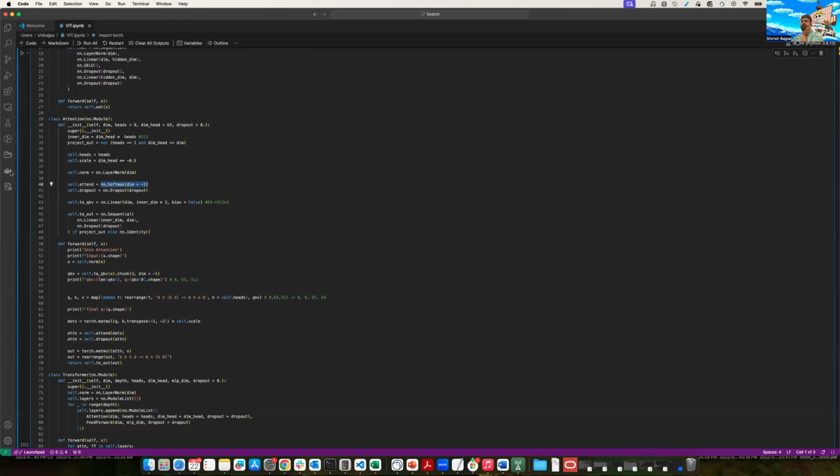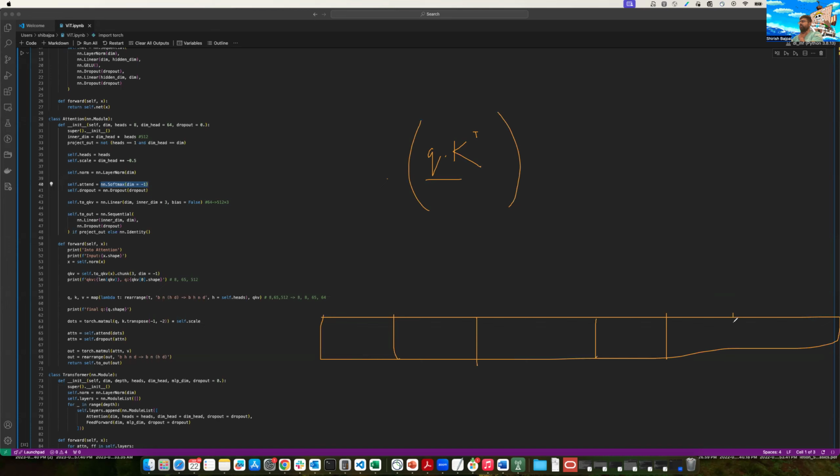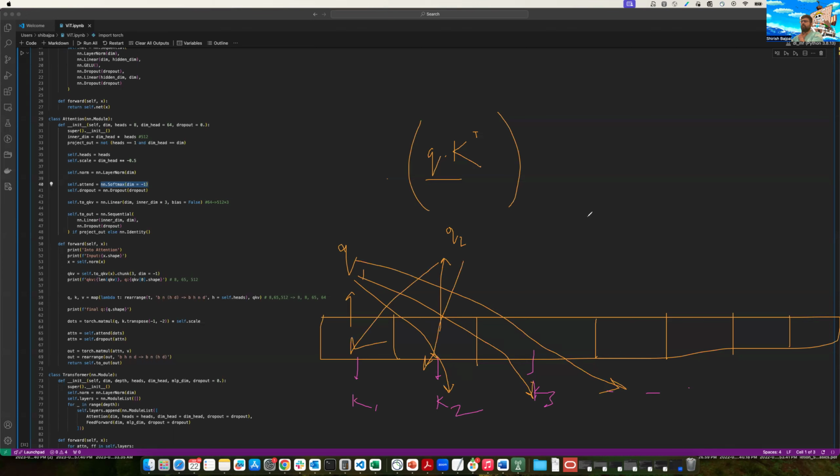So what we are doing is, for each patch, let's say this is q1, and here are k1, k2, k3, and so on. q1 takes the dot product with all of them, and similarly q2 takes it with all of them.